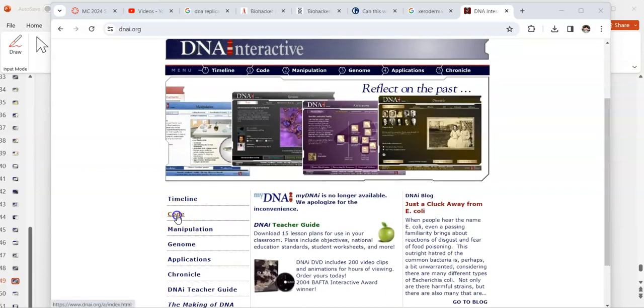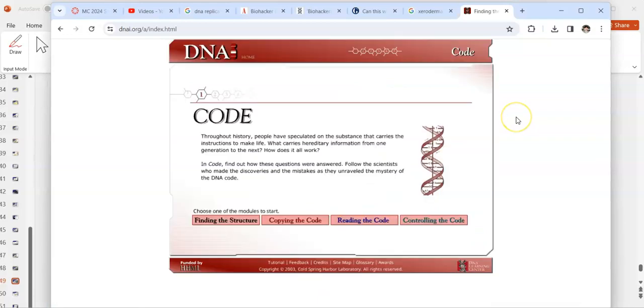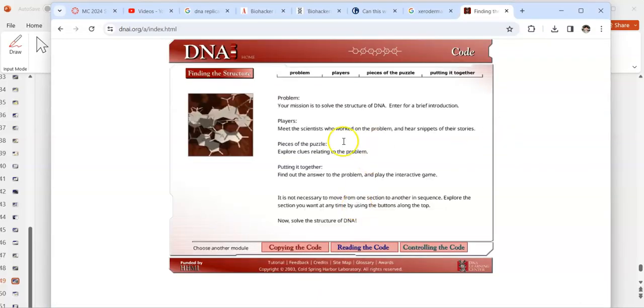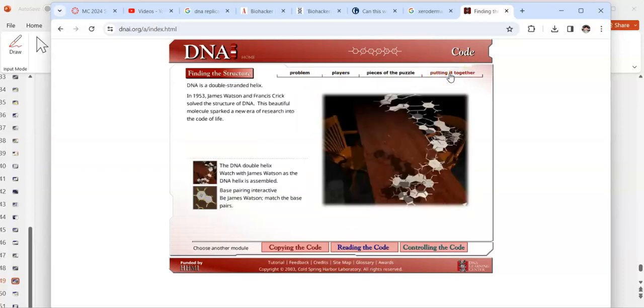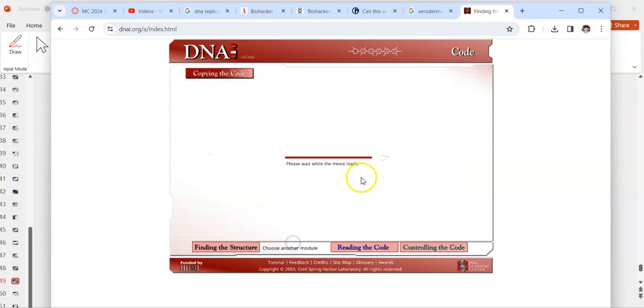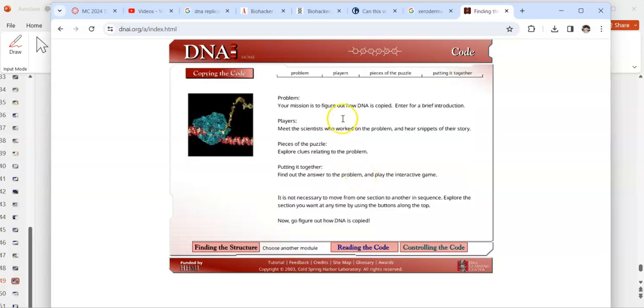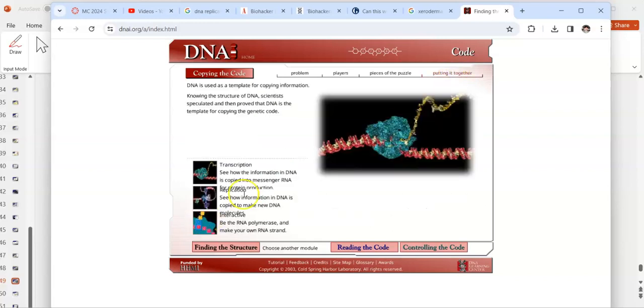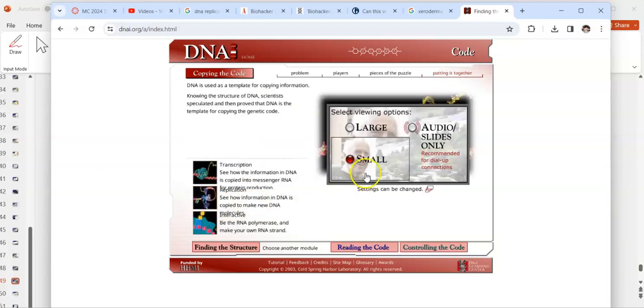If you click on the code, that should take you to the pieces of the puzzle and how the code was discovered. You can watch Watson and Crick assemble the code. Copying the code, okay, yeah, we want to do that. We want to look at copying the code, not transcription though. We want replication. So this is replication.